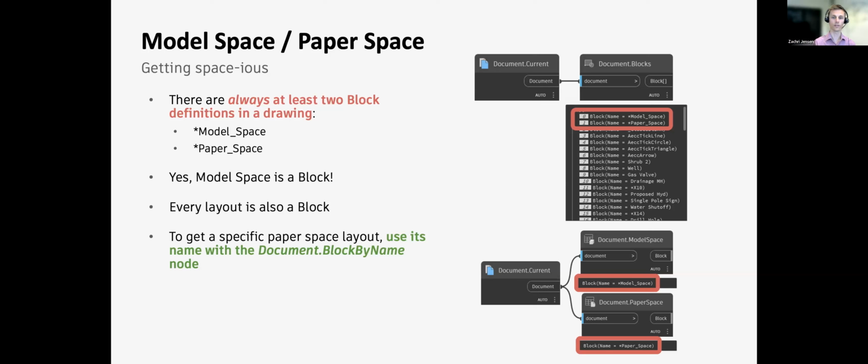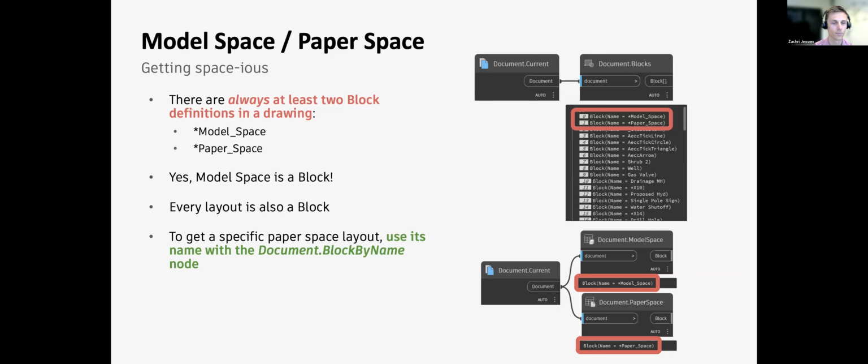But those two are always there in every AutoCAD drawing. You can't get rid of them, because if you did, well, what would we do? It'd be like getting rid of the world. So this is a core concept: model space and paper space are blocks. When you specify, okay, I want to put things in model space, you put things in the model space block.